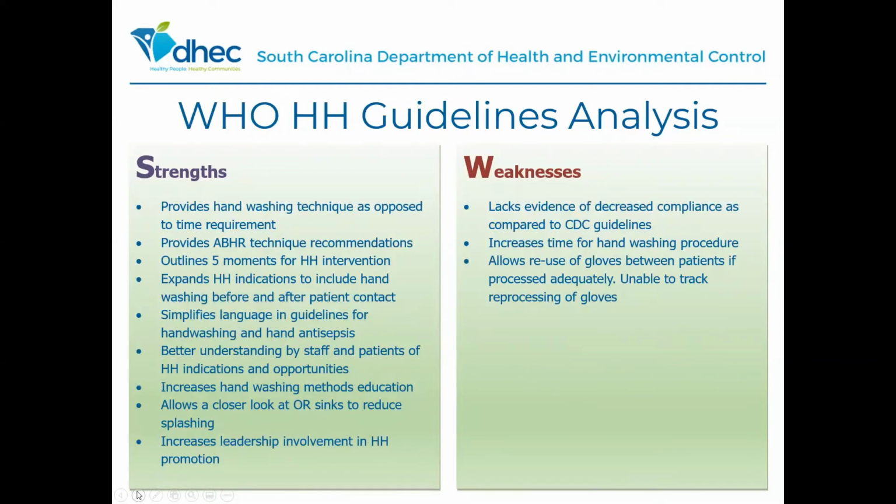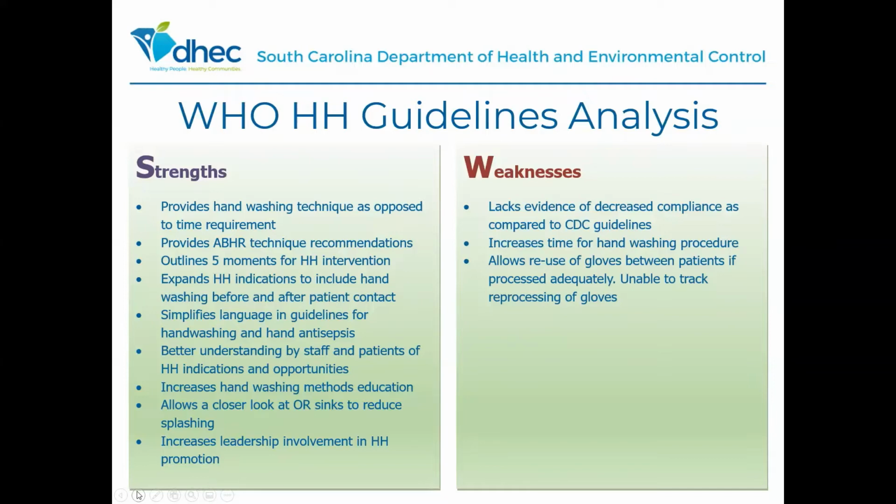So we did the same thing with the WHO, and these are the strengths and the weaknesses of the WHO guidelines. There are a lot more strengths. It provides hand washing technique as opposed to a time requirement, although they do have a suggested time. It provides alcohol-based hand rub technique recommendations. It outlines the 5 moments for hand hygiene intervention. It expands hand hygiene indications to include hand washing before and after patient contact.